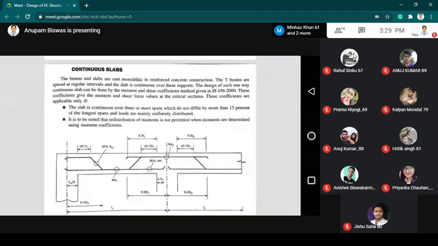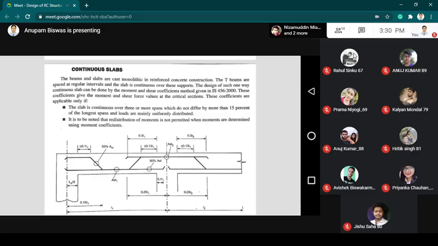So the T-beams spaced at regular intervals with the slab is also called a continuous slab over these supports. There are some points to be remembered for the design of this continuous slab. For this we have to consider the coefficients that are applicable for finding the moment and shear force value for any critical section.